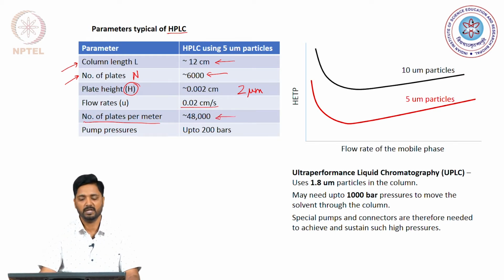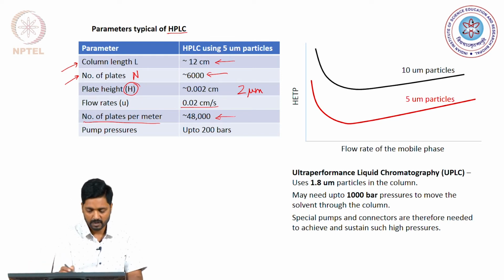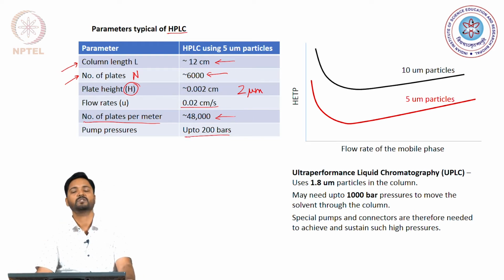It can be in the order of about 50,000 for typical HPLC columns. And of course, the pump pressures that need to be sustained can reach up to 200 bars or 200 atmospheres.